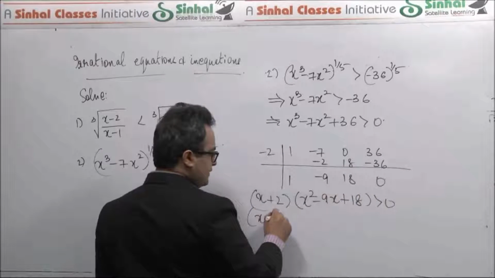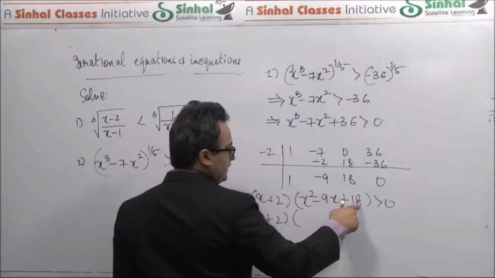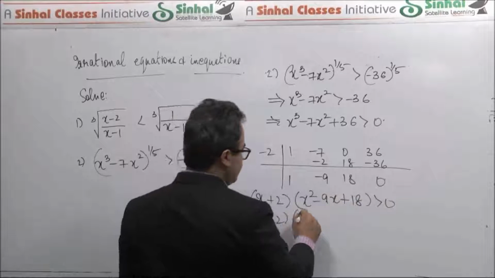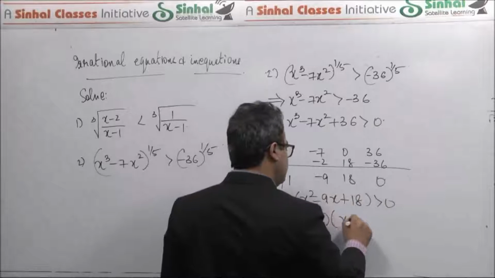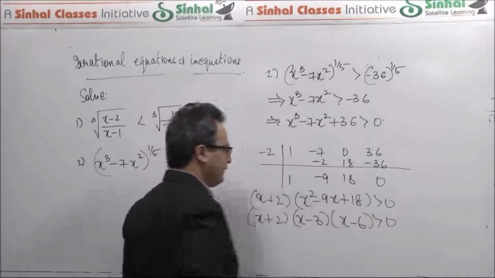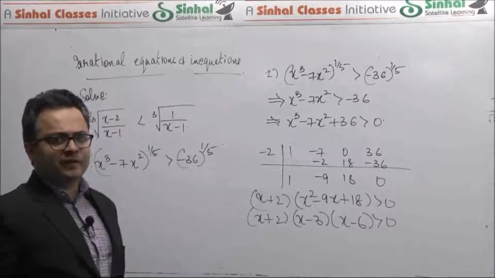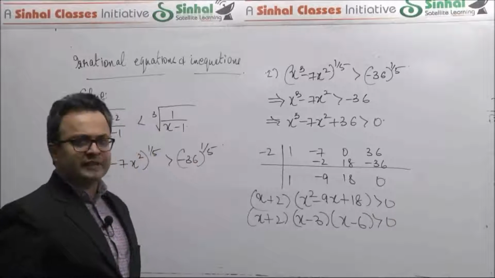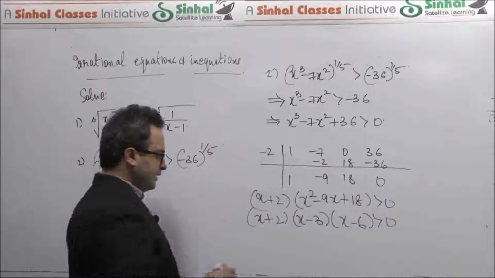That is x plus 2 into the factors, which should be 6 and 3, x minus 3 into x minus 6. And then again you have a product of 3 linear factors, so you can simply apply the wavy curve method again.